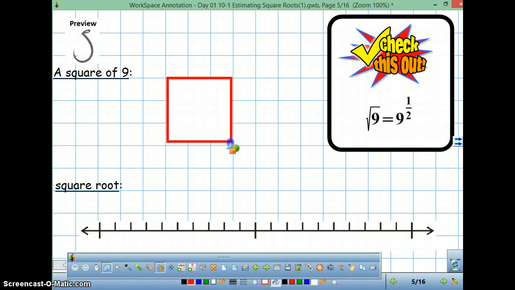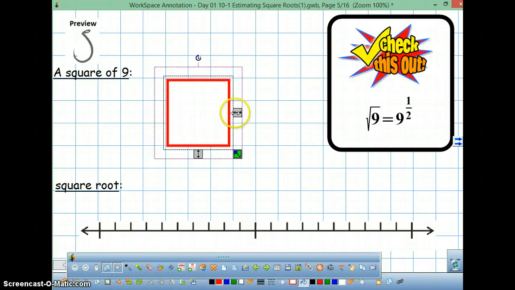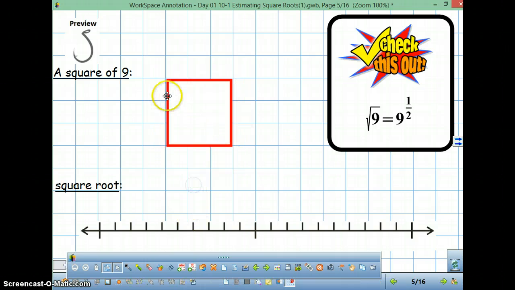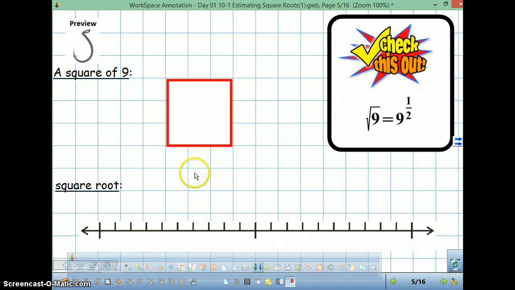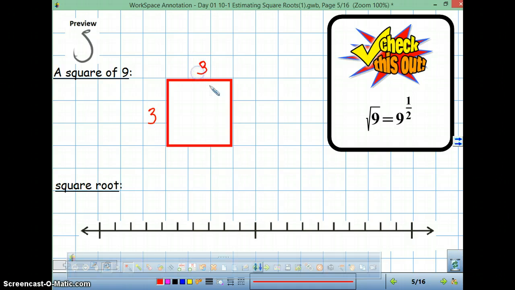Remember how we talked about how some numbers are perfect squares? There we go. So there's a square. It's covering up 9 boxes, right? The easy thing to see is that the side of that square is 3, right?